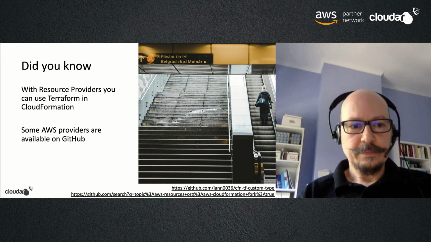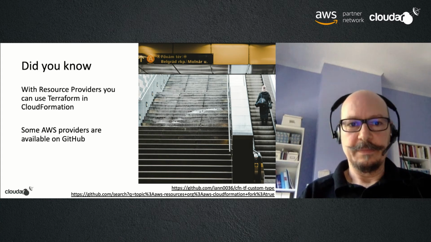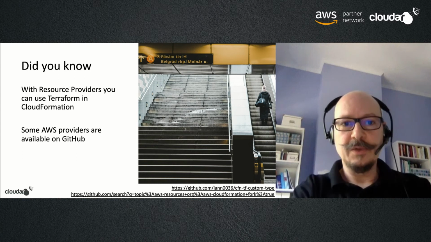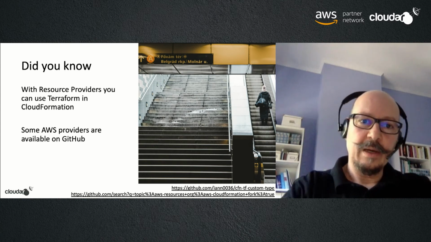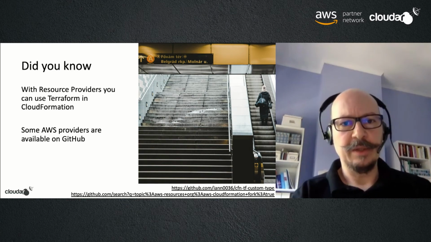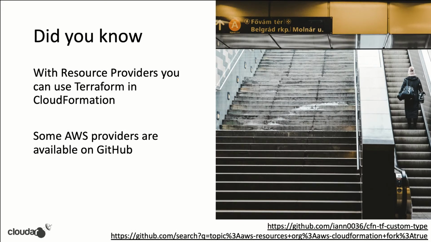Next to that, yes, resource providers are apparently also handy to use Terraform in CloudFormation. I've not tried that myself, maybe Ben has. You will find some examples, some providers that are managed by AWS, available on GitHub.